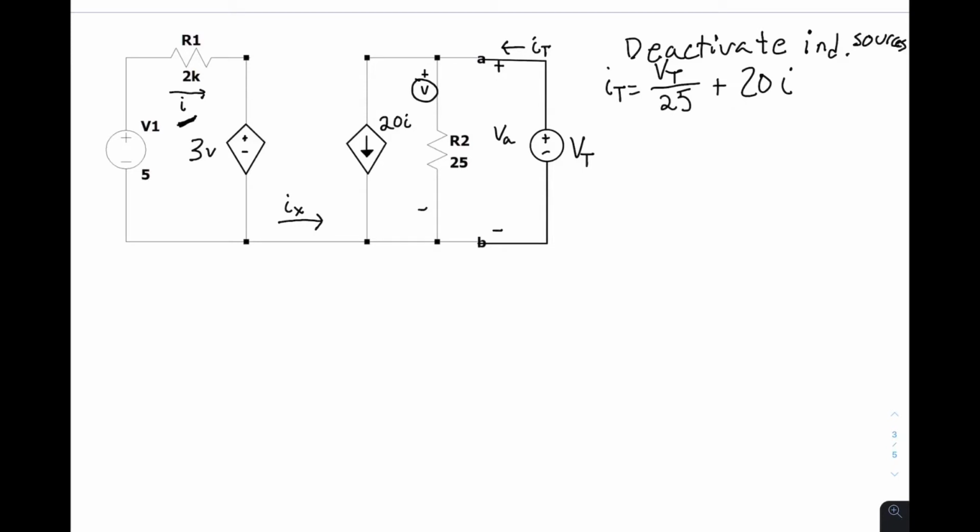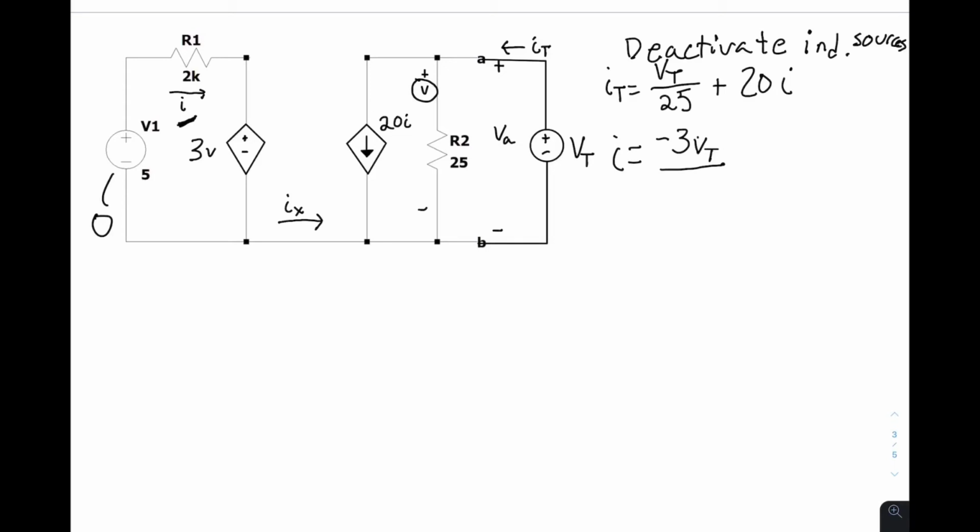When we're doing this test voltage, you deactivate all the independent sources. So with our source V1 now 0, we can easily solve for I, which is going to be equal to -3VT divided by 2000.